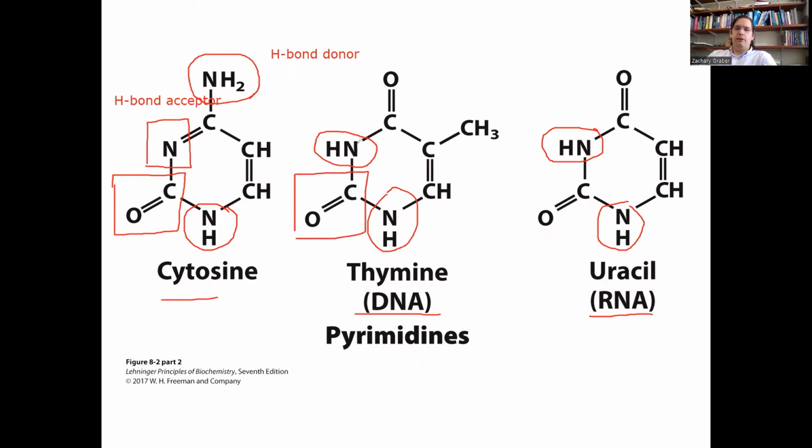Our thymine and uracil both have two added carbonyl functional groups to act as hydrogen bond acceptors. And you might notice here, as you look at thymine and uracil, their structures are very similar. In fact, the only difference here is in our methyl group over here on the right side of thymine. So we have a methyl group on thymine and no methyl group on uracil.